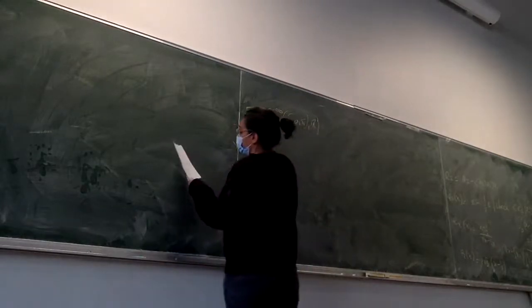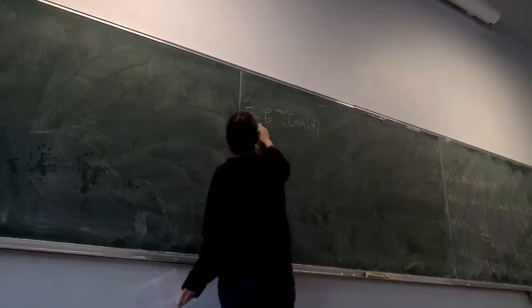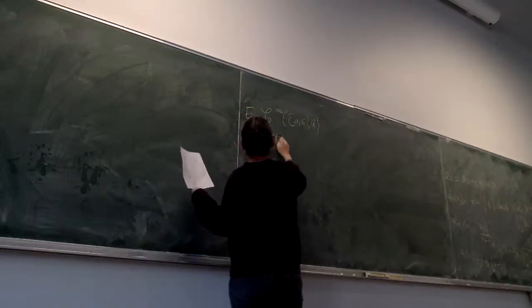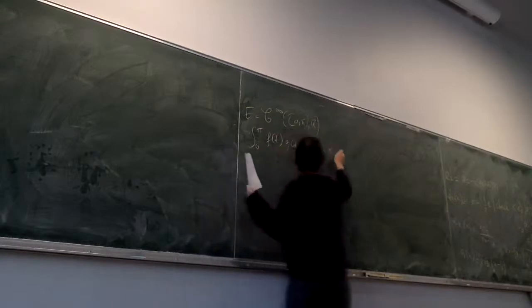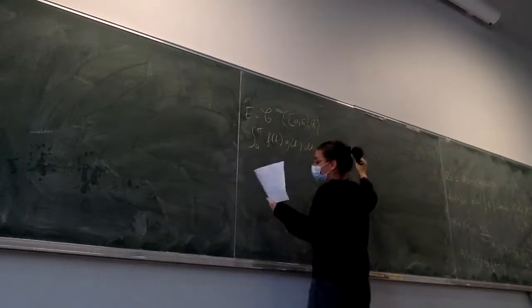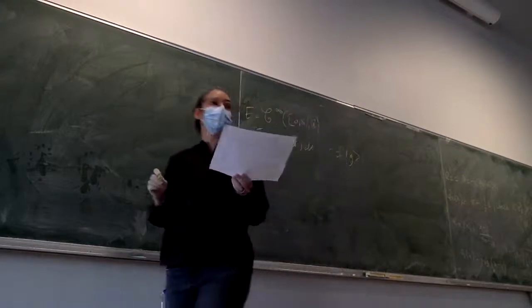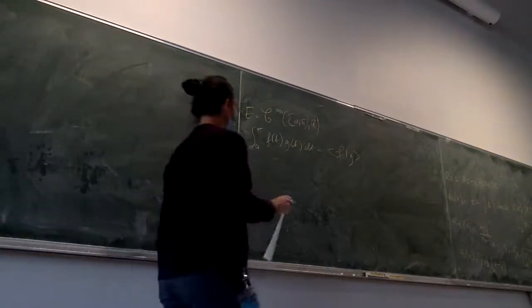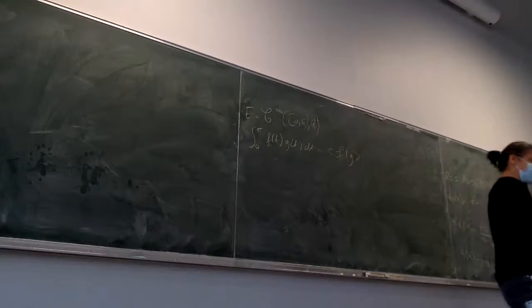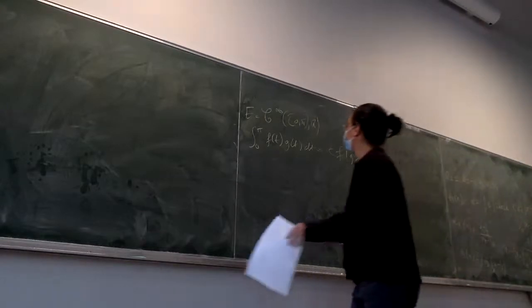We define the same kind of inner product. As I told you, it's one of the most common inner products when we talk about spaces of functions. That's the other one.